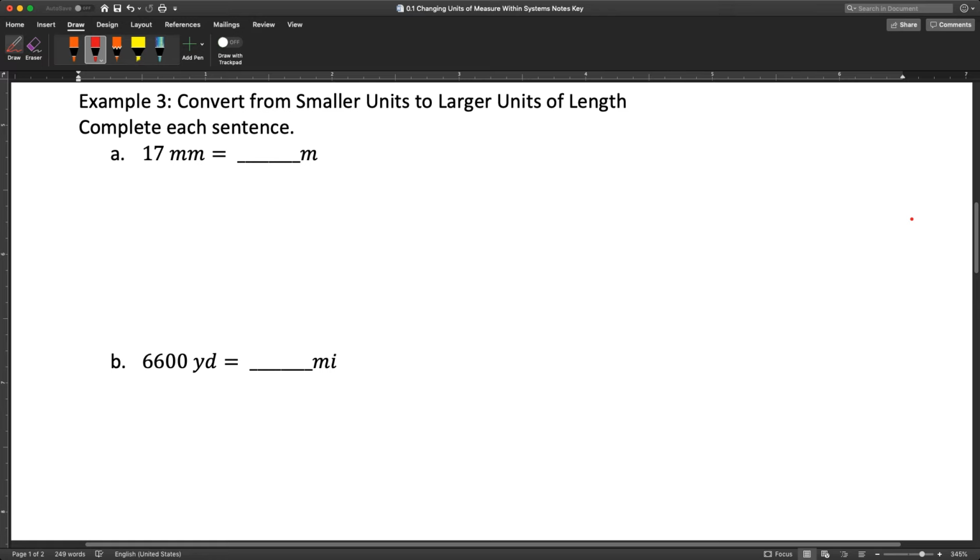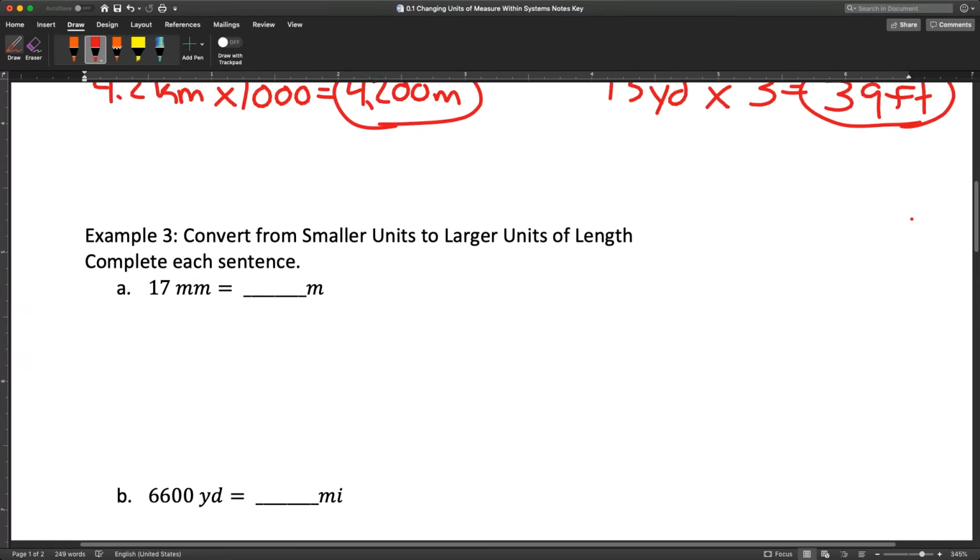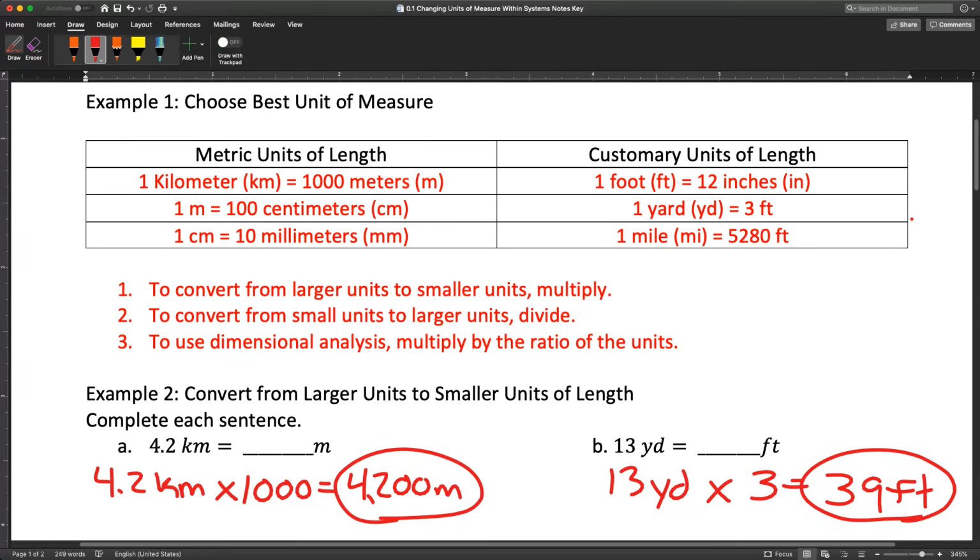If you go back up and take a look at your table, you notice that we have meters here and millimeters there. This causes this to be a 2-step problem. So we are going to convert from meters into centimeters, and then from centimeters into millimeters.